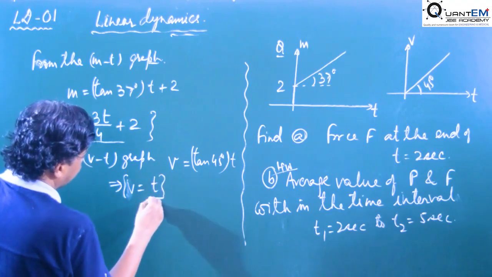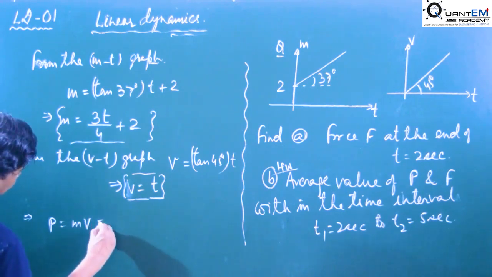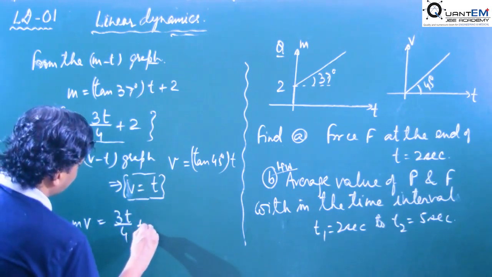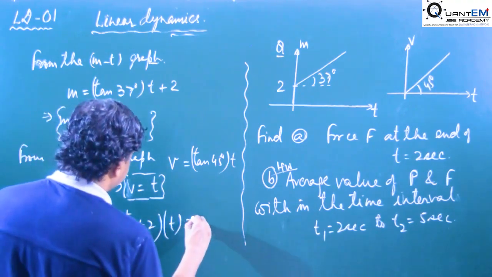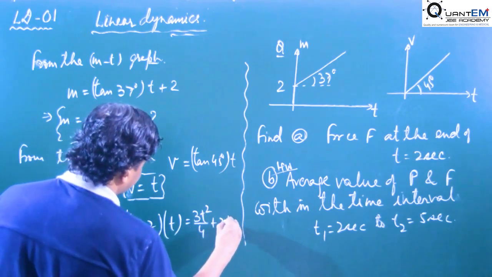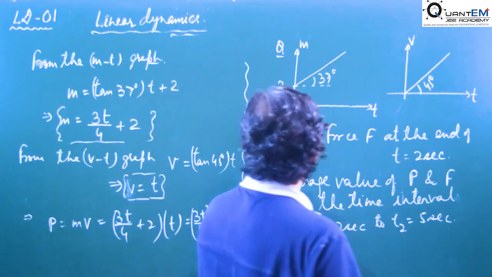Okay, so now we have both mass as well as velocity. So what is the value of momentum now? Linear momentum p is equal to mass into velocity. Mass we have 3t by 4 plus 2, and the velocity we have t. The result is 3t square by 4 plus 2t. So we now have the momentum, and you know that the rate of change in the linear momentum is force.